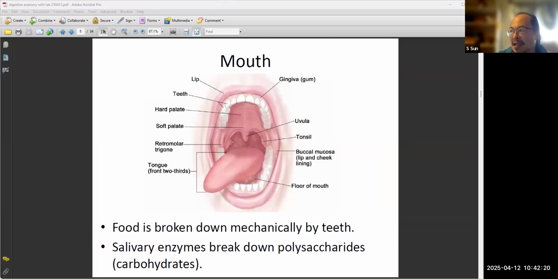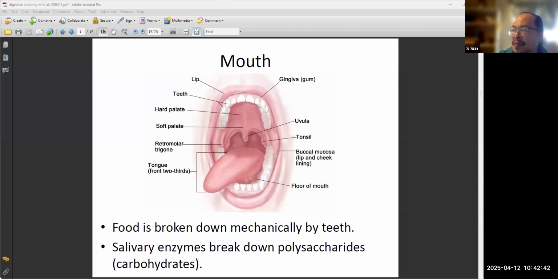So this is the anatomy of the mouth, and its function is to cut your food. You have lips, you have teeth. Between teeth, this muscle is called gingiva or gum. On the back here, you have the uvula.